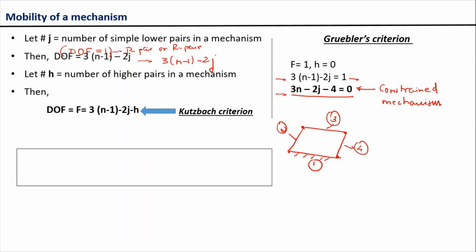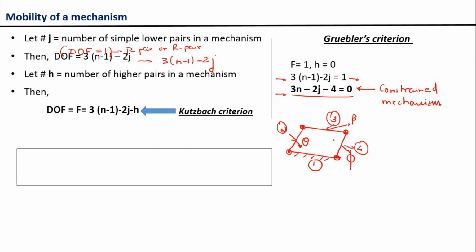Now all these links, let us assume, are connected by simple revolute pairs. When we say a mechanism is a constrained mechanism, that means if we rotate link 2 through a certain angle theta, the remaining links, link 3 and 4, will also turn through certain definite angles. You can call these angles beta and phi.